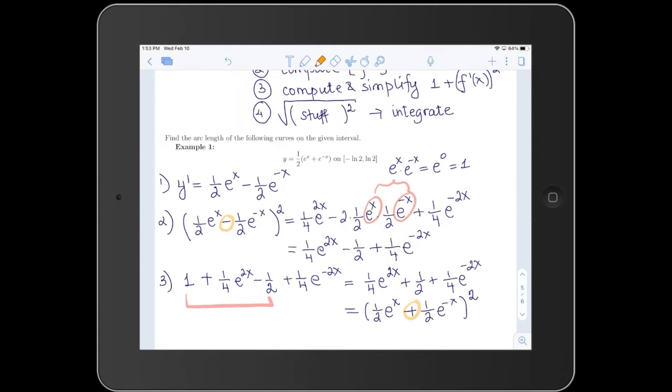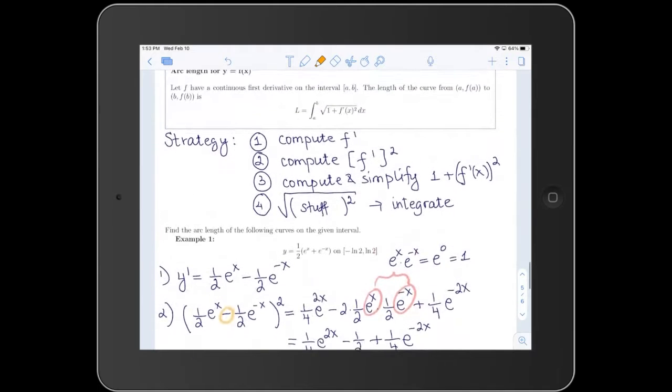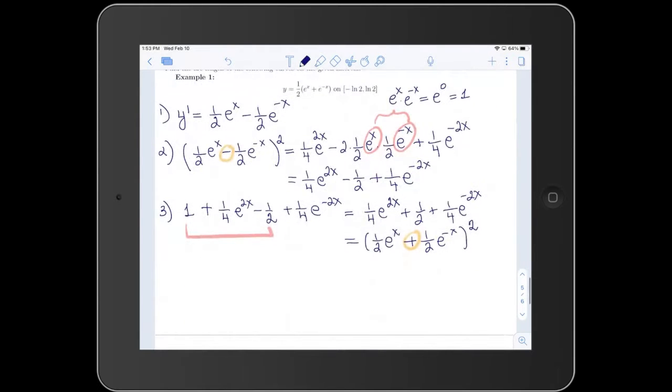And there are going to be some patterns here for certain functions, not all of the functions. Okay, now this is good. Why is that good? Because we want a perfect square to cancel out that square root. Okay, so what is our L?